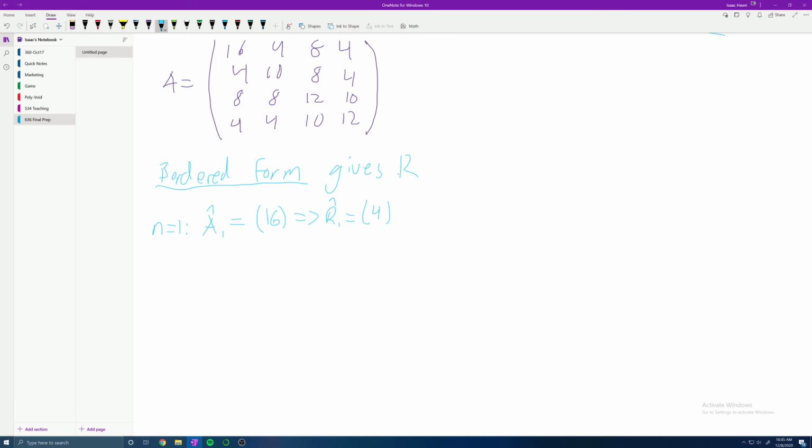So now we're going to use that to compute the 2 by 2 version. And we're going to work all the way out until we have the 4 by 4 upper triangular matrix R here. So this is for n equals 1. Let's do n equals 2. So what we do is we take the principal leading submatrix that's 2 by 2 for A. So that's the matrix 16, 4, 4, 10.